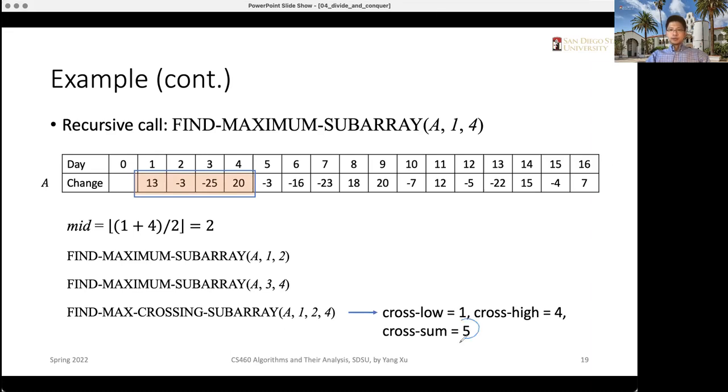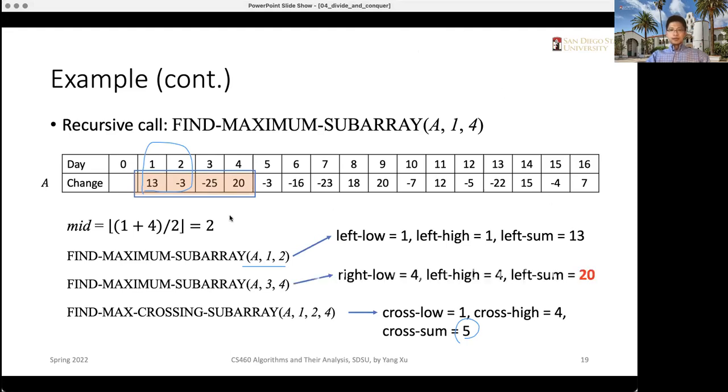Getting smaller. And this one is something we can examine visually because there's only 2 elements in it. The maximum subarray of these 2 elements is actually 13 alone, right? And the maximum subarray for this one is 20 alone, right?